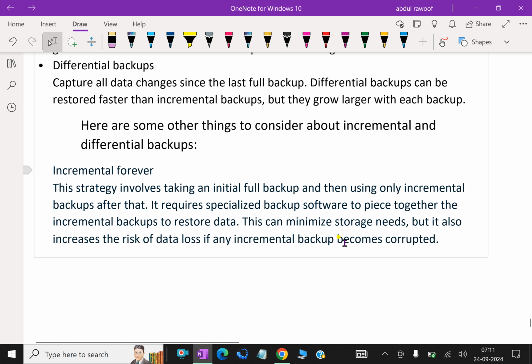This can minimize storage needs, but it also increases the risk of data loss if any incremental backup becomes corrupted. So we have to take care with incremental forever.